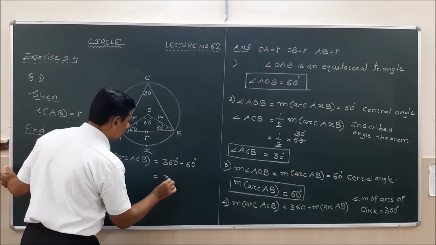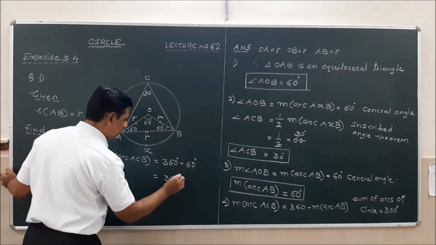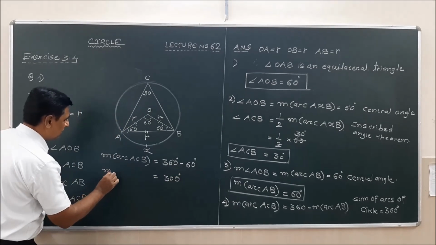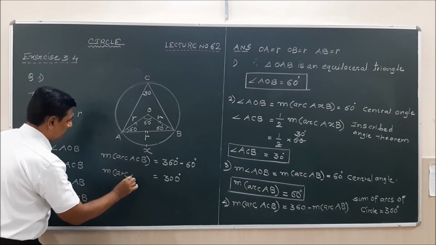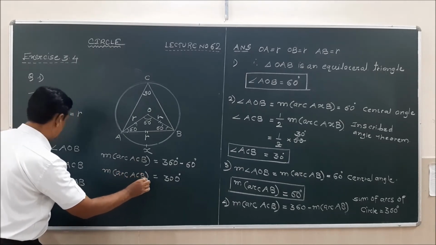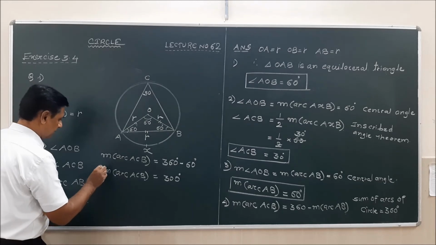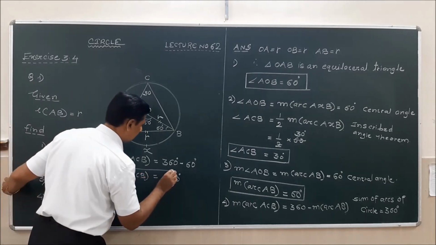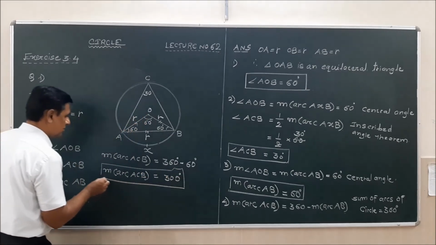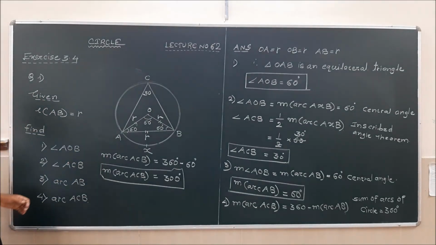Of course this is very easy. So measure arc ACB is equal to 300. Very simple sum in that way.